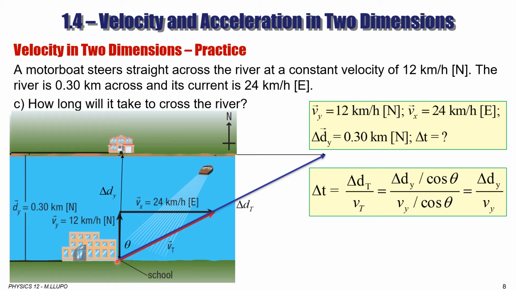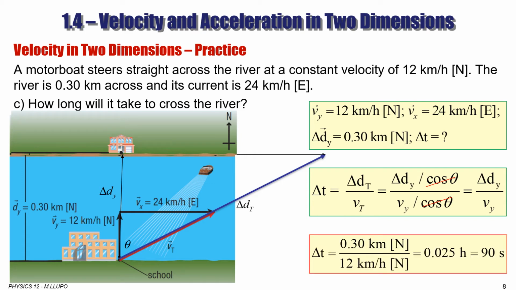The same thing applies for the total velocity. So the total velocity, which is the hypotenuse of the velocity triangle, the small triangle, is equal to this component of velocity, which is adjacent to this angle, divided by cosine theta. But if you see, cosine theta and cosine theta cancel. And then what we have is delta y over Vy, which we had before.